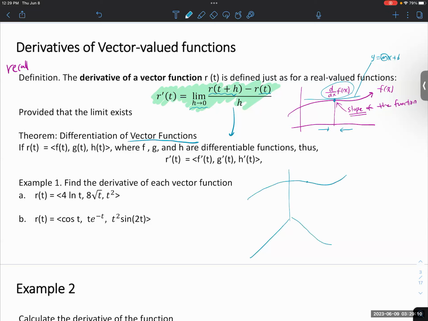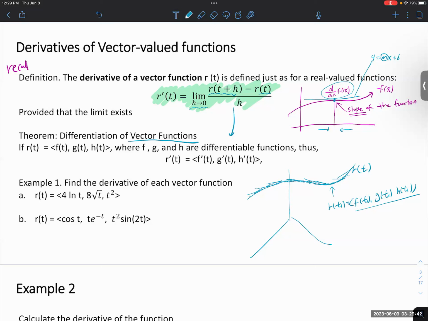You have an r vector, and each point comes from the components: r of t1 is f of t1, comma, g of t1, comma, h of t1. So you have a collection of functions, and these are all the points of the r vector. I want to find the tangent line at that moment. There are infinitely many tangent lines, you can think about it.